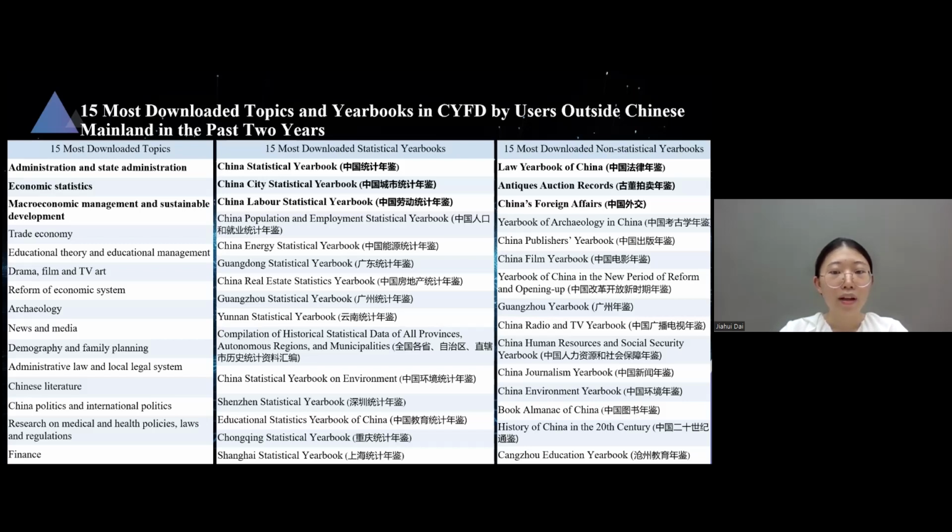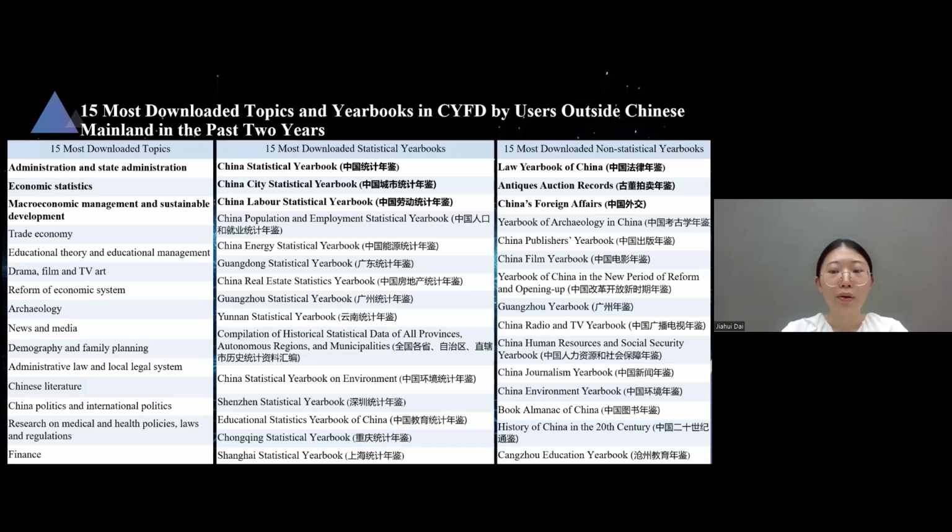The 15 most downloaded statistical yearbooks include China Statistical Yearbook, China City Statistical Yearbook, China Labor Statistical Yearbook, China Population and Employment Statistical Yearbook, China Energy Statistical Yearbook, Guangdong Statistical Yearbook, and China Real Estate Statistics Yearbook.